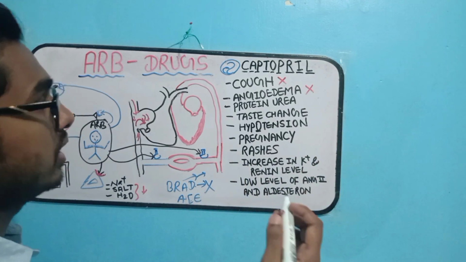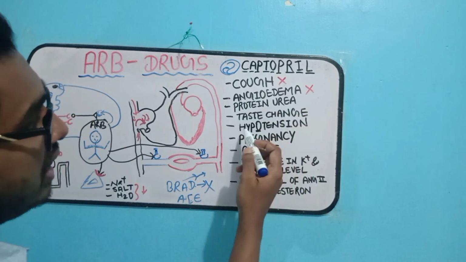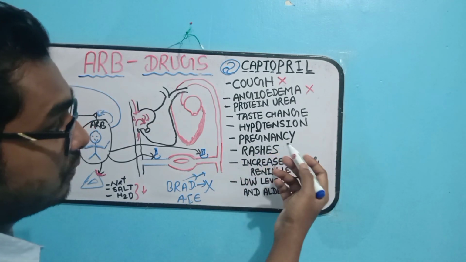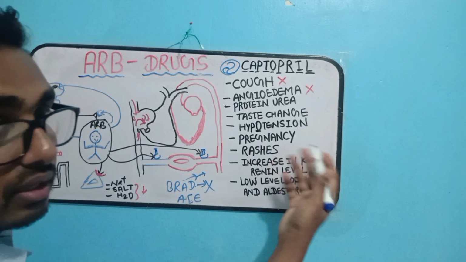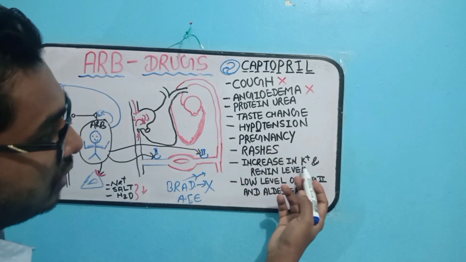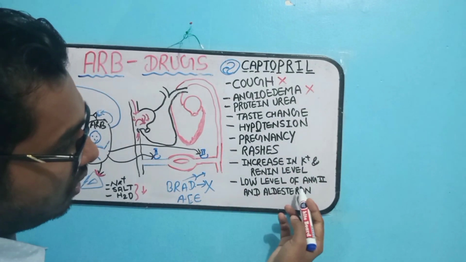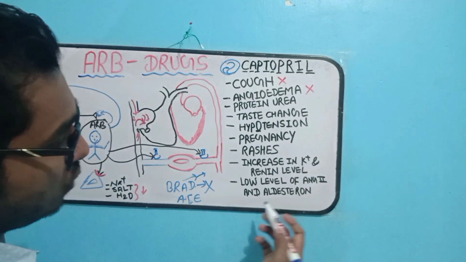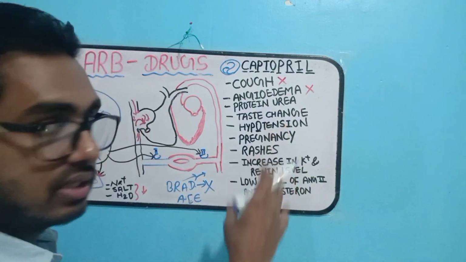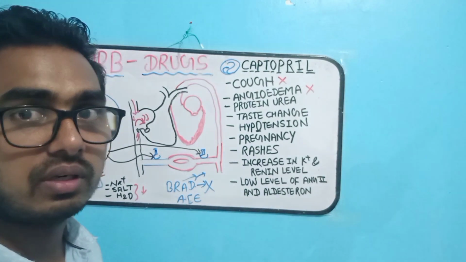You can watch there, in the ACE inhibitor drugs video, the angioedema, proteinuria, taste change, hypotension and why hypotension occurs, and the pregnancy, why these drugs are contraindicated in the pregnancy, the increase in the potassium and the renin level, why this increase occurs, and why there is the low level of angiotensin 2 and the aldosterone. I already discussed in my previous video in detail. You can watch my previous video on ACE inhibitor drugs.